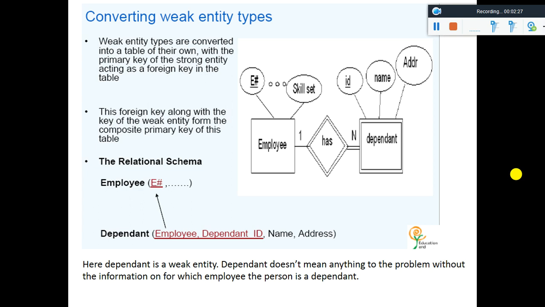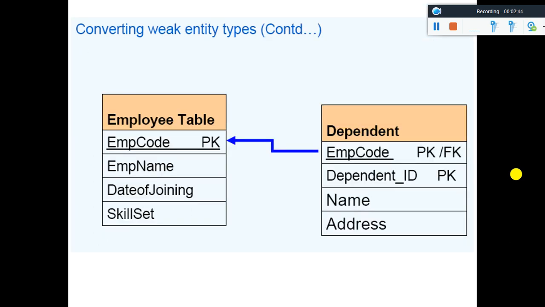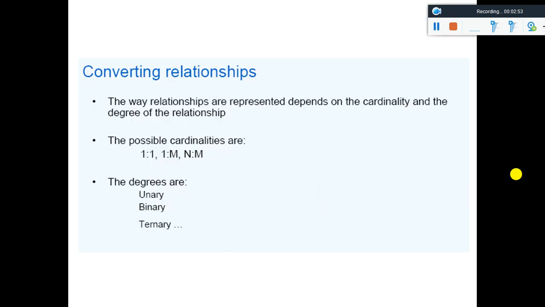Dependent doesn't mean anything in the problem without the information on which employee the person is a dependent of. So we have to create a separate table with the primary key of the identifying relation as a part of the primary key. Here you can see employee code is part of the primary key, as well as working as a foreign key, plus dependent ID.